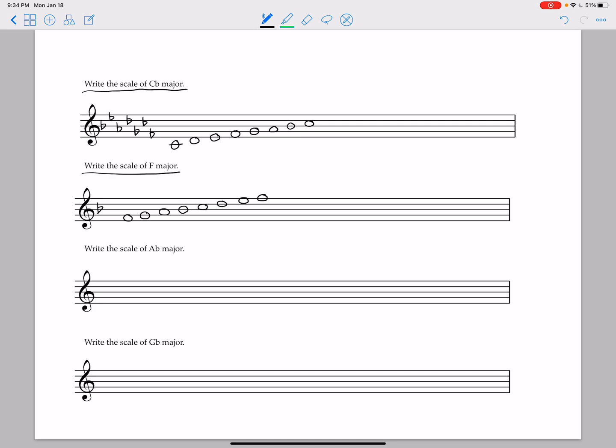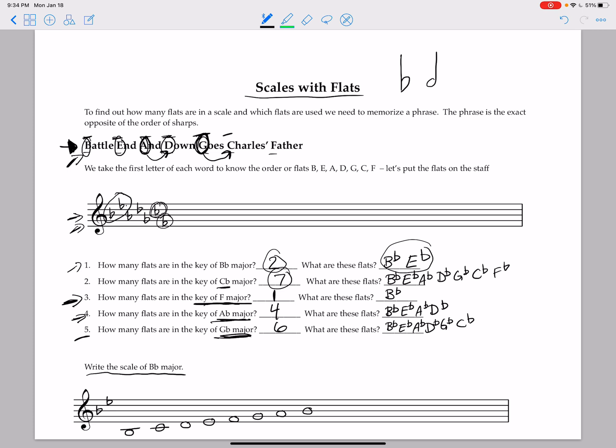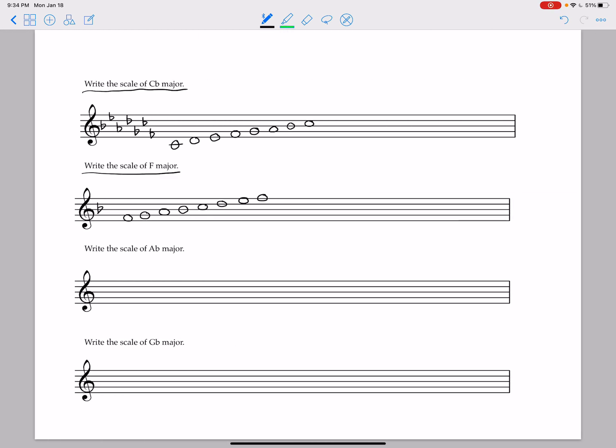Okay, write the scale of A flat major. If we go back, we can see that A flat major has 4 flats, and it's B flat, E flat, A flat, and D flat. So we come back here, 4 flats: battle, ends, and down.